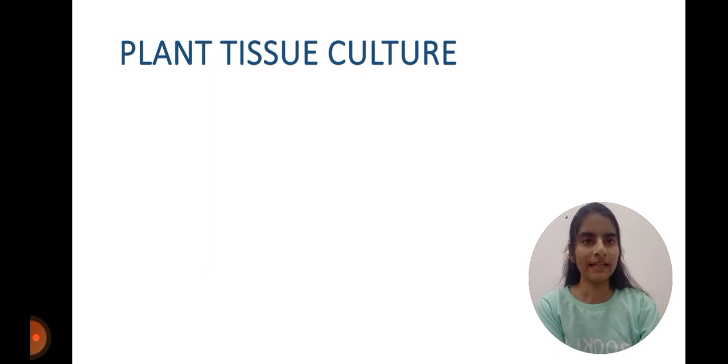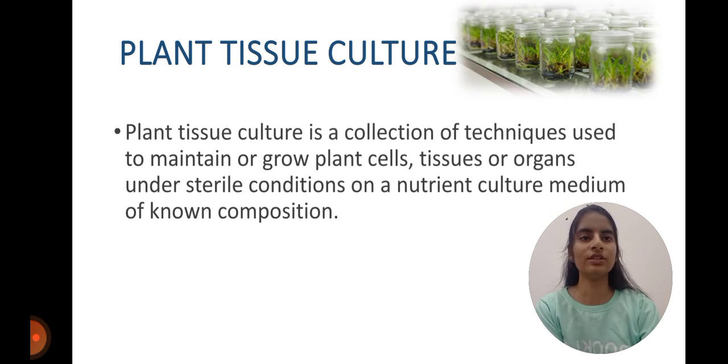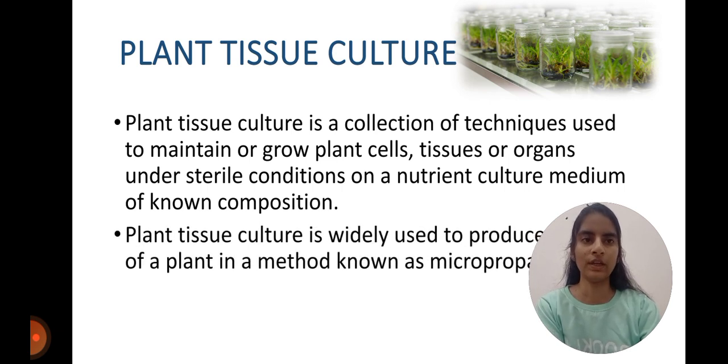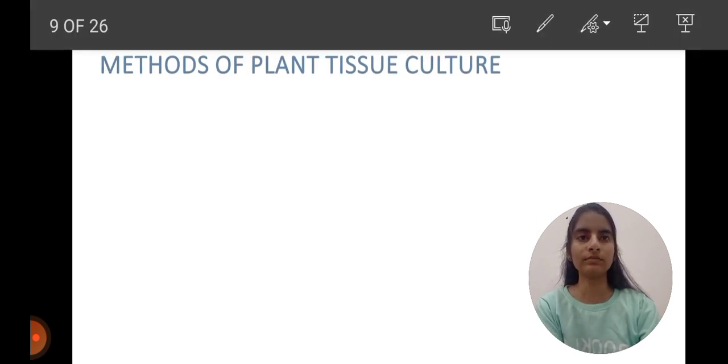Here comes plant tissue culture. It is a collection of techniques used to maintain or grow plant cells, tissues, or organs under sterile conditions on a nutrient culture medium of known composition. It is widely used to produce plants in a method known as micropropagation.